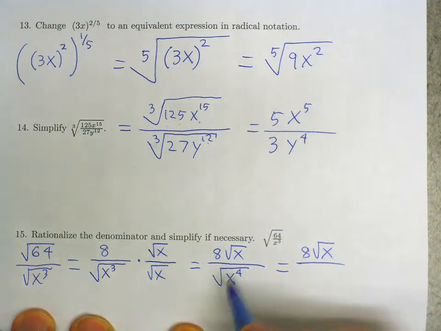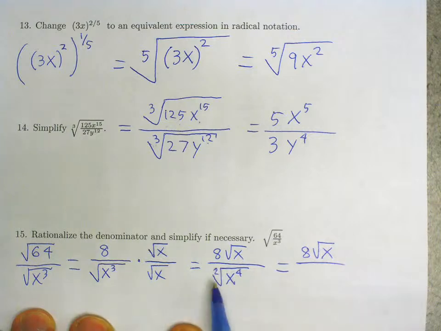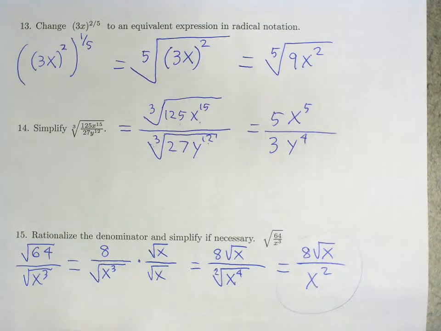Remember that square roots have indexes of 2, even though we don't normally write it. But the square root of x to the fourth is x to the second because the exponent 4 divided by the index 2 is 2. Okay, so now we have a simplified expression.